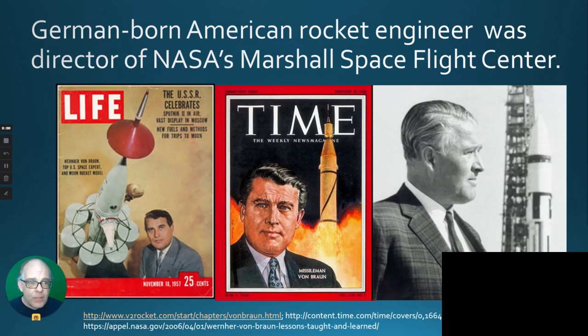After working with the U.S. Army for a number of years, von Braun joined the newly formed NASA and worked as the director of NASA's Marshall Space Flight Center, which was involved with building and testing the rockets that were necessary to take the astronauts to the moon. Over time, von Braun, as we can see in this slide, was on the cover of Life magazine and the cover of Time magazine.